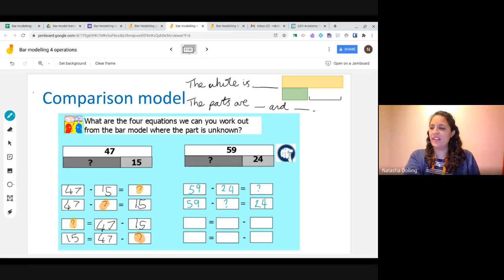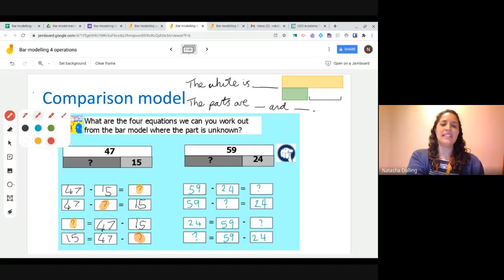And then someone said what the hardest one is. Thank you. So then we've got 24 equals 59 take away question mark, or question mark take away 59, sorry, equals 59 take away 24.